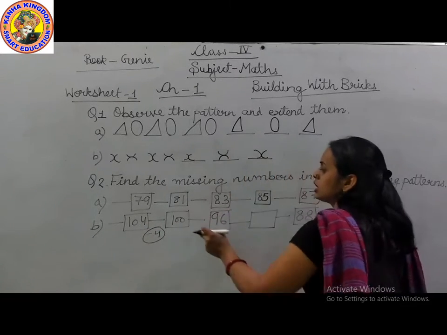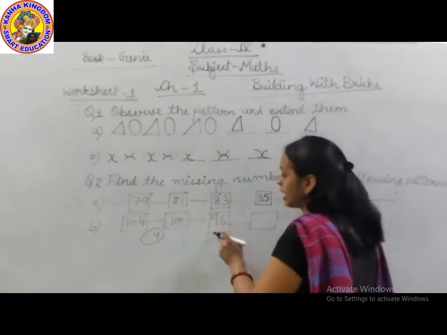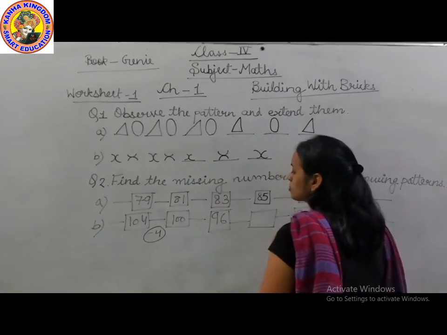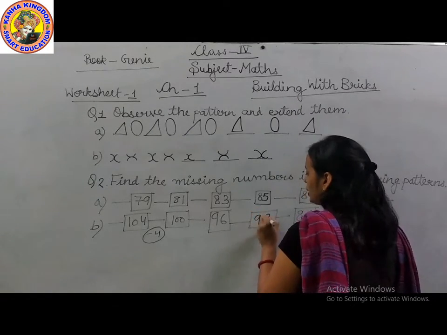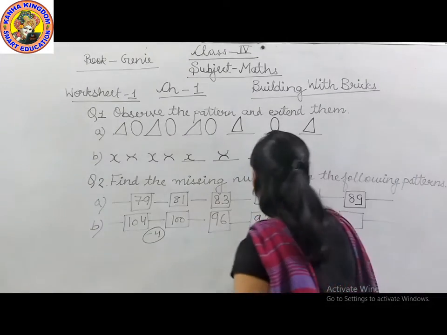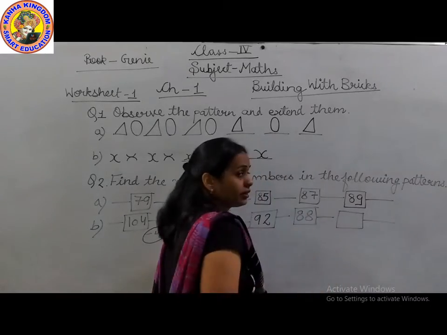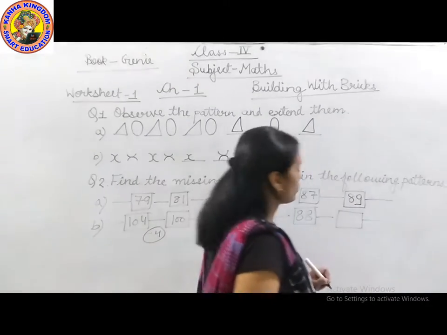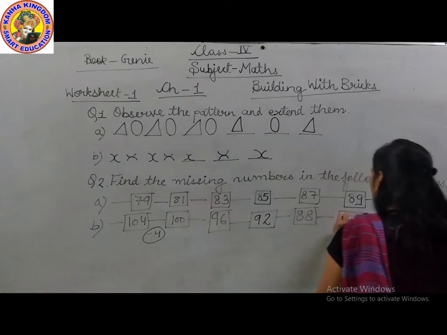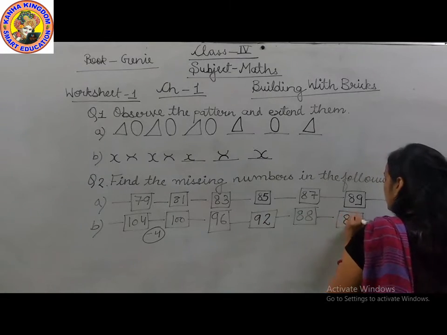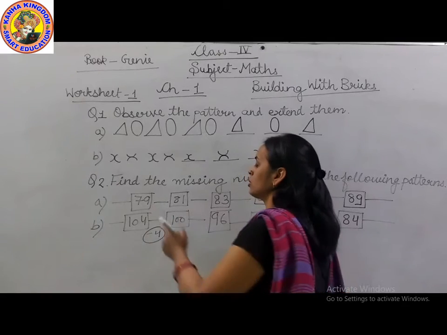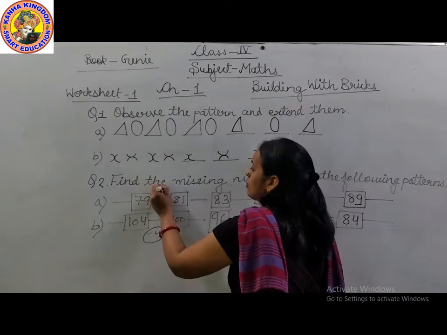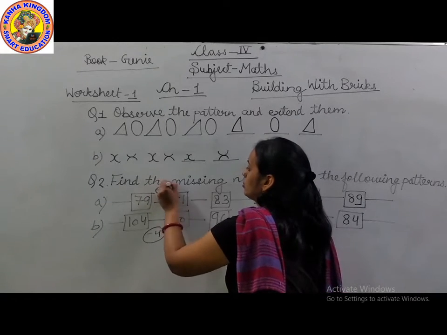Now next is 100 minus 4, 96. 96 minus 4, 92. 92 minus 4, 88. 88 minus 4, 84.